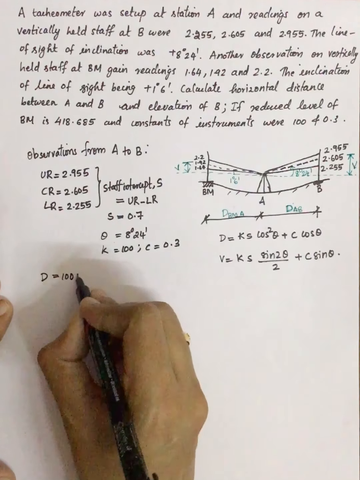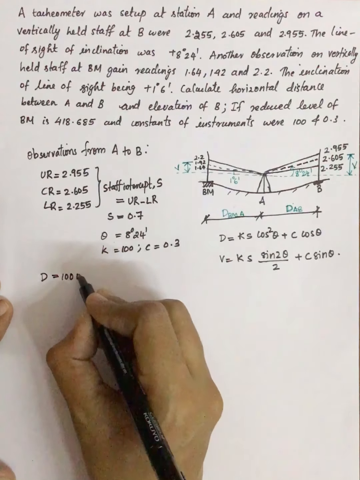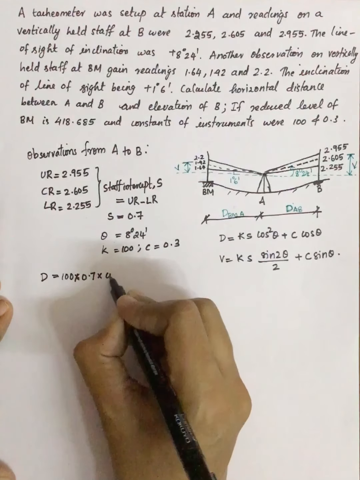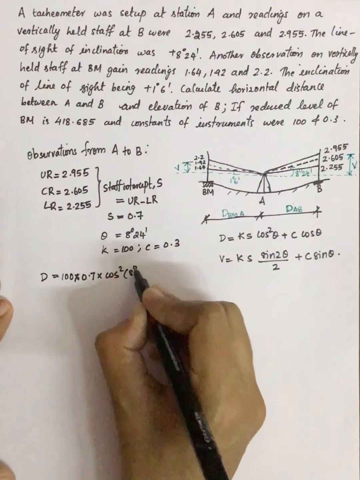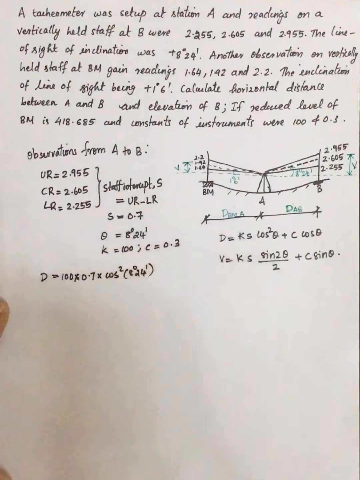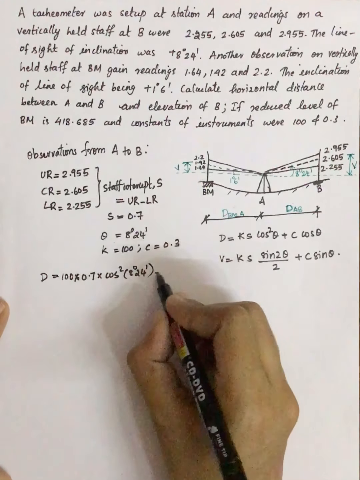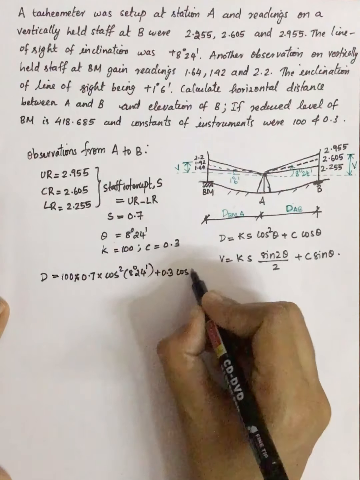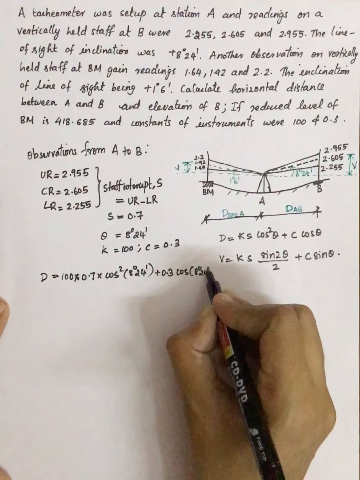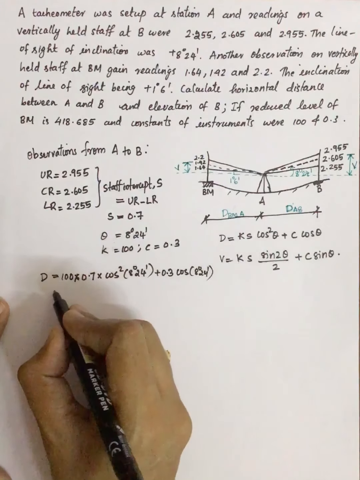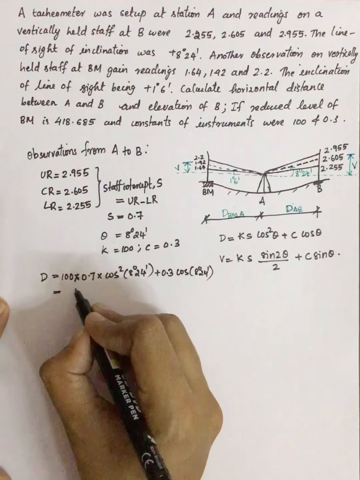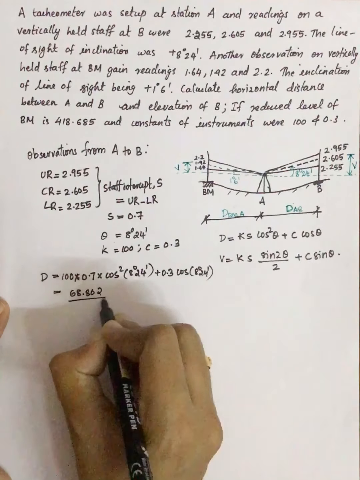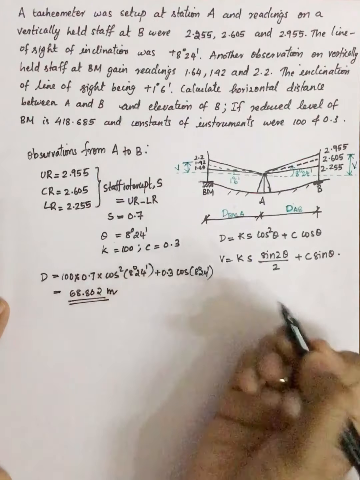So 100 into 0.7 Ks into cos square 8 degree 24 minutes plus 0.3 cos 8 degree 24 minutes. So you got distance as 68.802 meters.